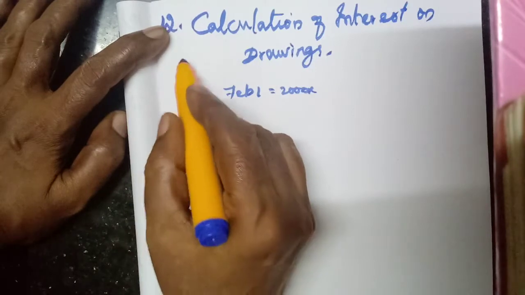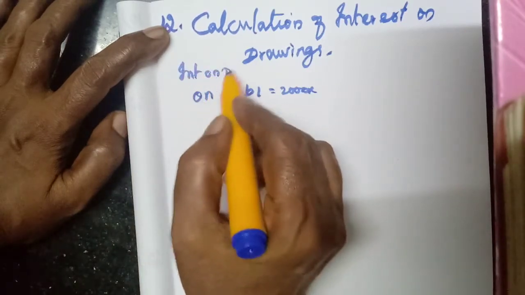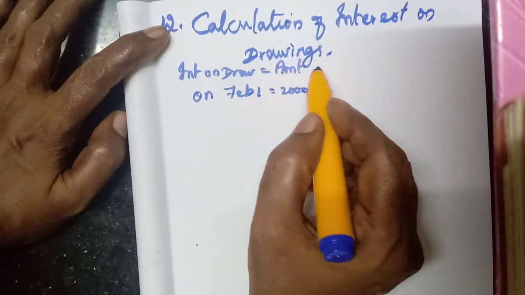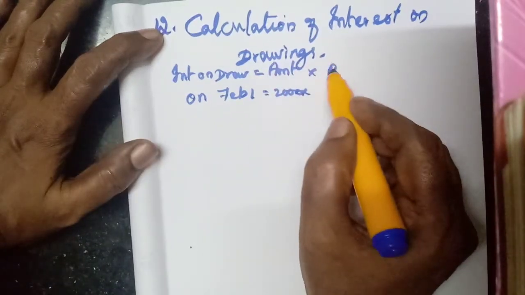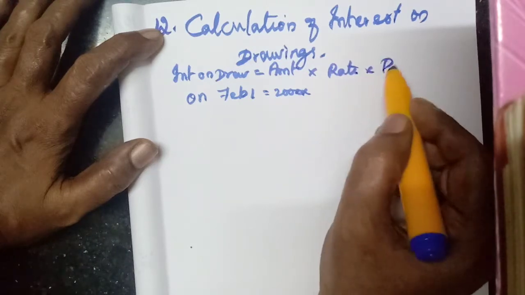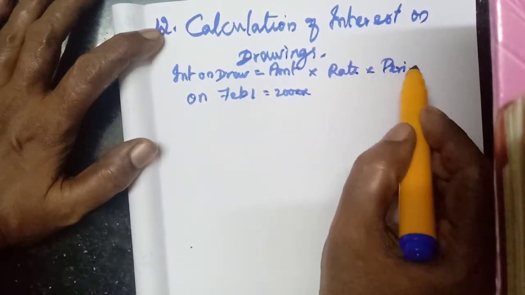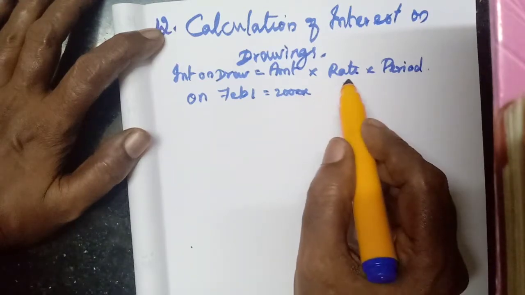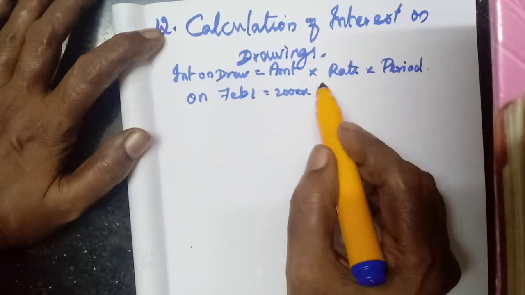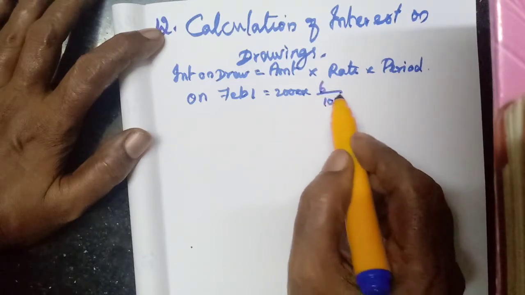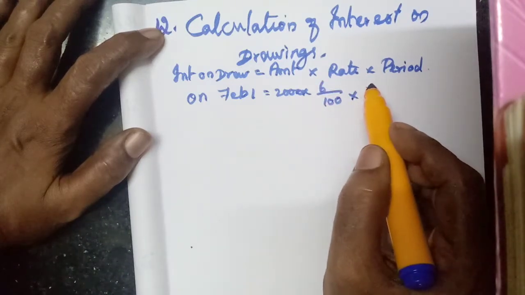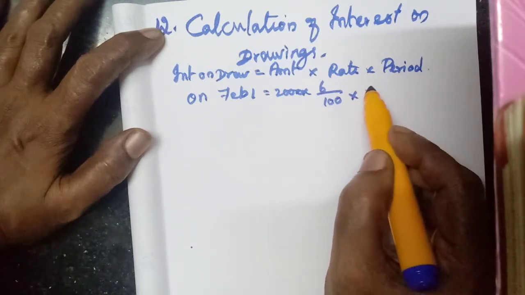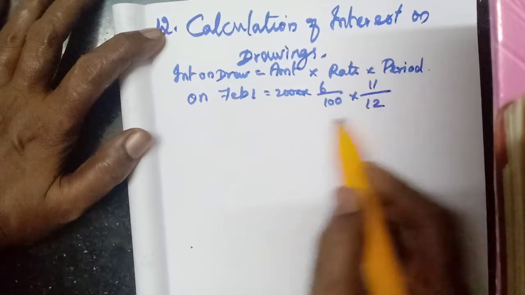Interest on drawings is equal to amount of drawings into rate of interest into period of drawings. 2000 into rate 6 by 100 into period, we have to calculate. From February, only January is left, so 11 by 12.